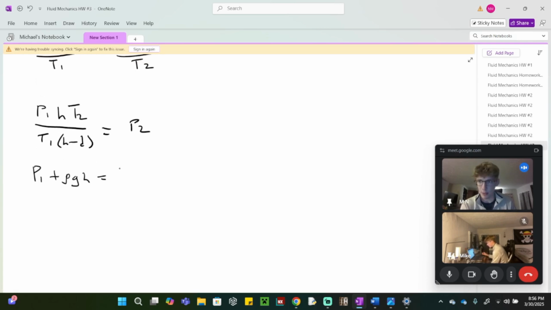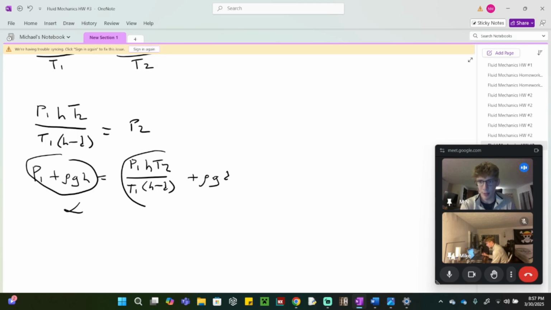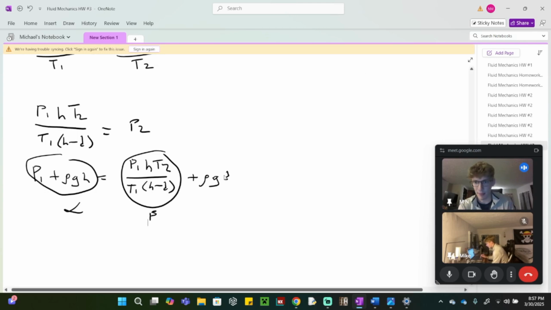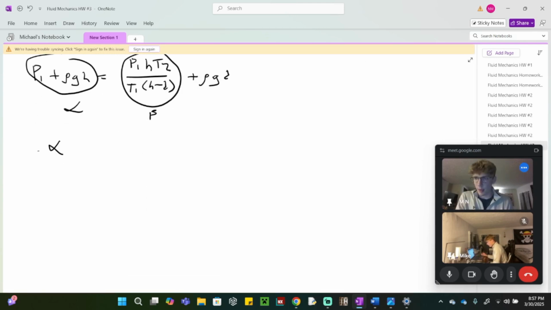So we're going to replace P2 with P1 h T2 over T1 (h minus d), plus rho gd. And we're going to call this term alpha and this term beta to make it simpler.